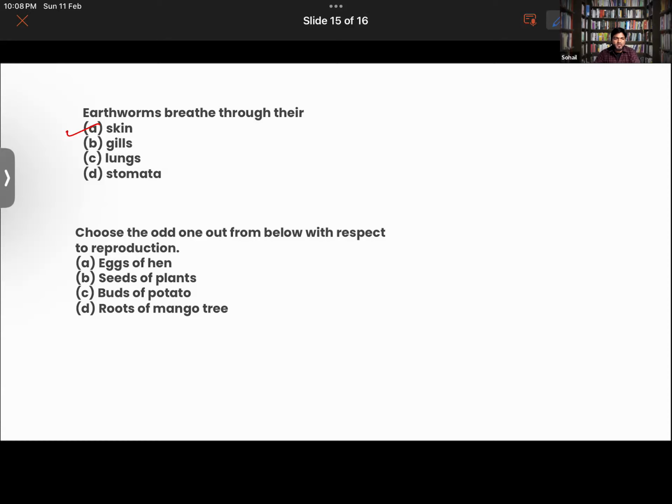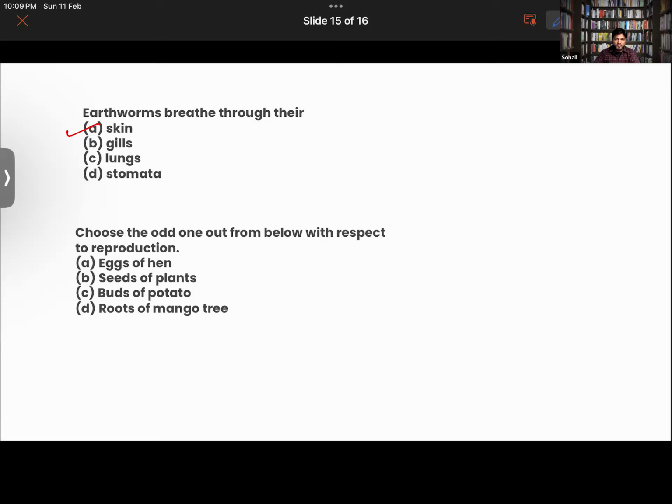Okay, let's start by looking at option number A. Eggs of hen. Are they not the product of reproduction? Right, they are the product of reproduction. So that one is not odd. Second one, seeds of plants. Yes, after fertilization has happened, seeds are formed.